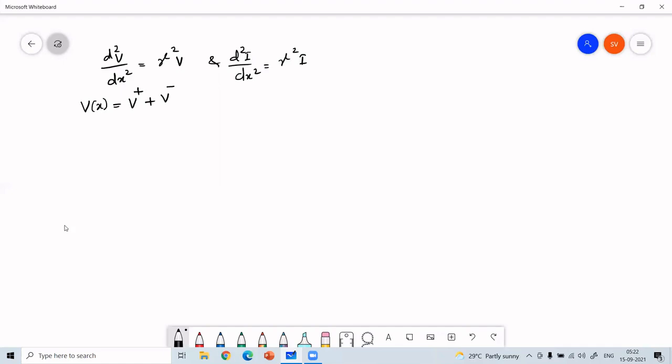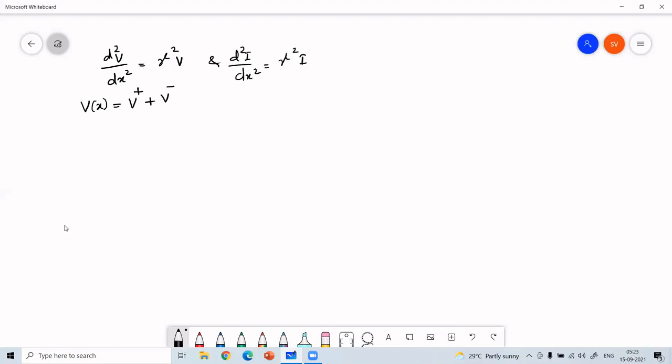And this V plus represents the transmitted voltage through the transmission line, and that V minus represents the reflected voltage, that is the voltage reflected from the end of the transmission line. So it is having two parts. The first one is the transmitted voltage, and the second one is the reflected voltage.